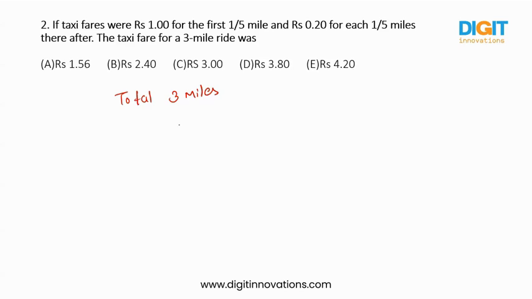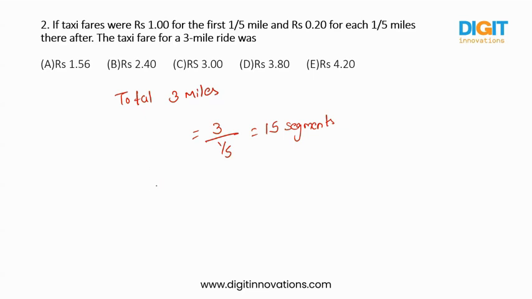For that, total 3 miles divided by 1/5 mile, which would be 15. So there are a total of 15 segments of 1/5 mile in these 3 miles. This is the information I got.